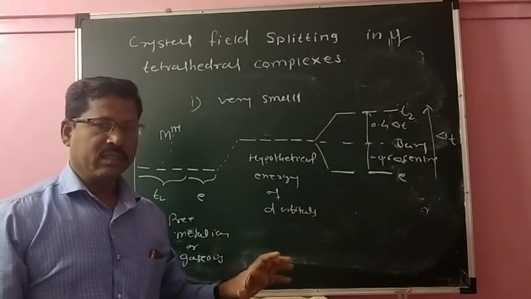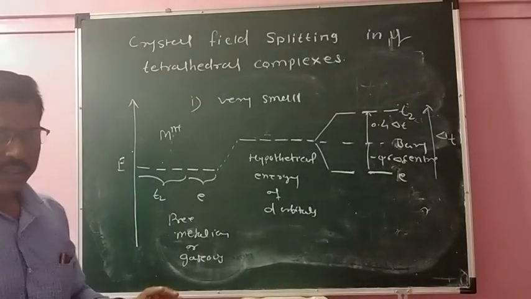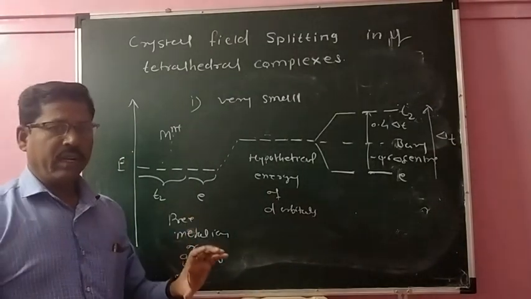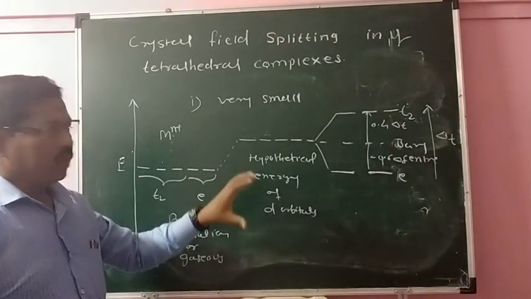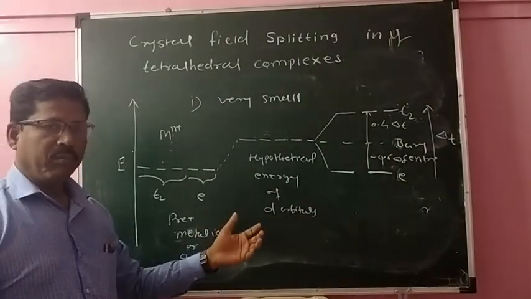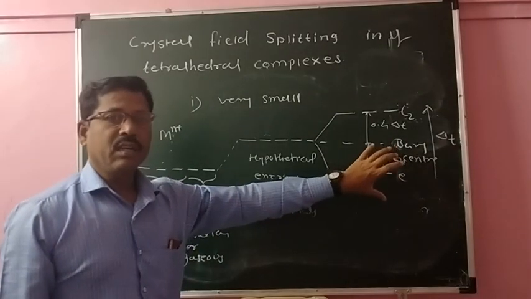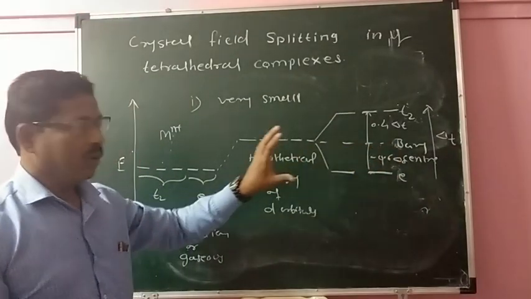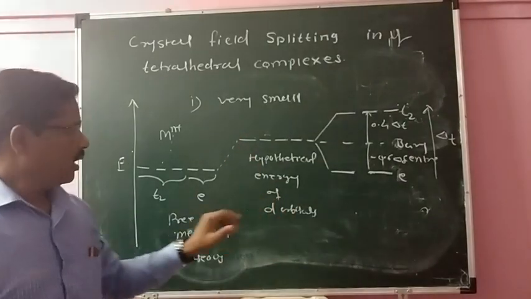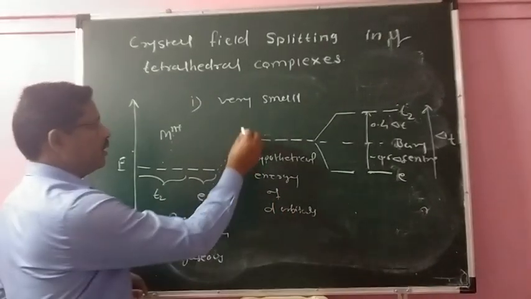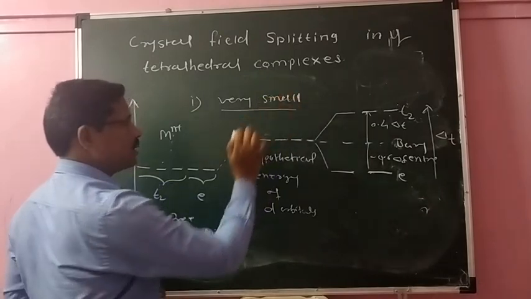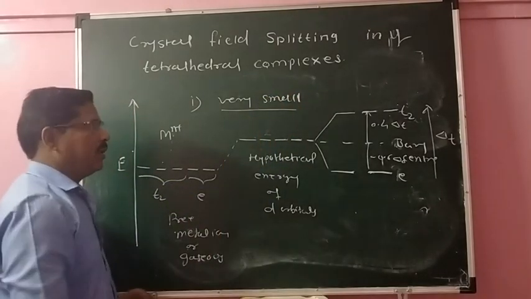Octahedral complexes have 6 ligands and tetrahedral complexes have 4 ligands, so there are 2 fewer ligands, and therefore the crystal field splitting parameter is very small as compared to octahedral complexes.